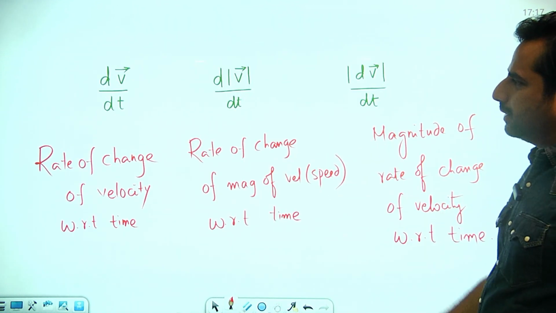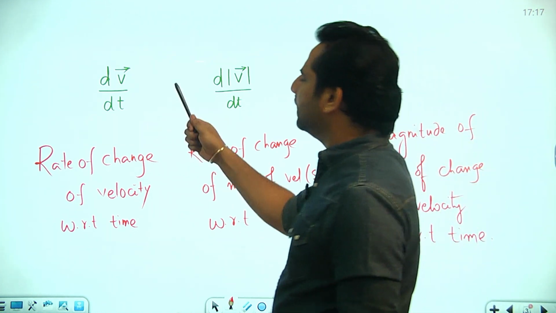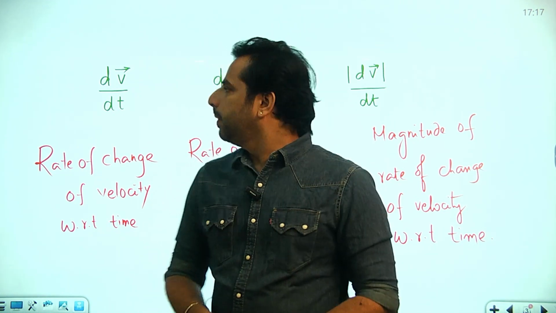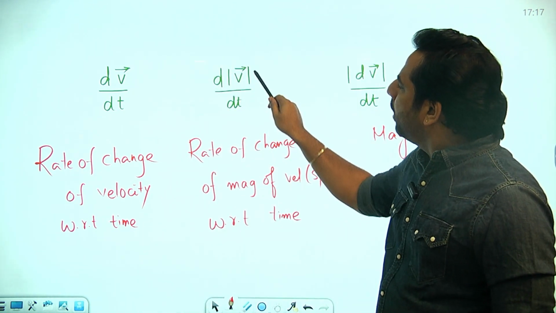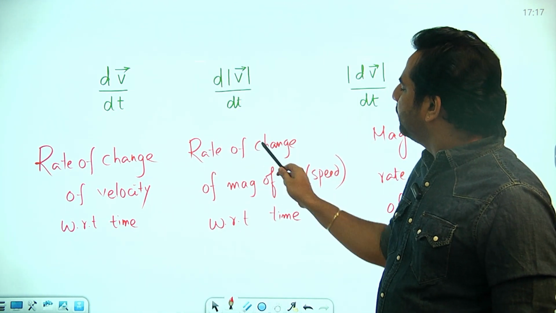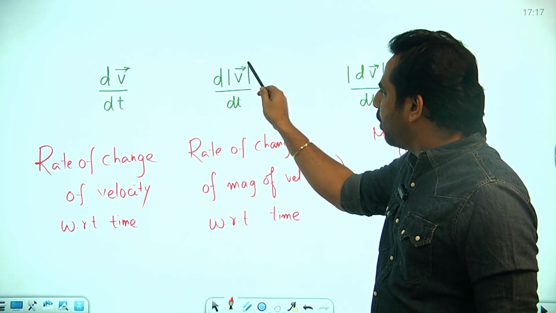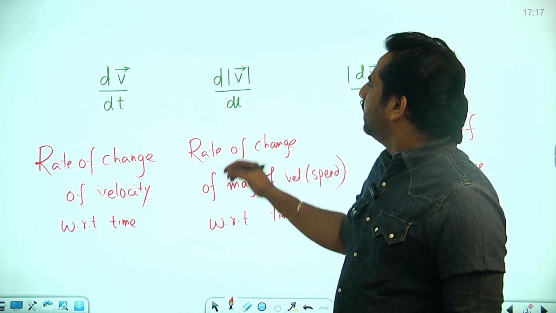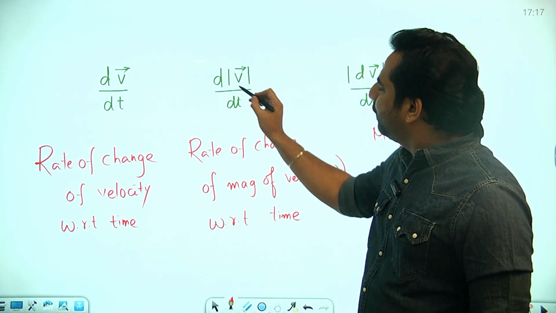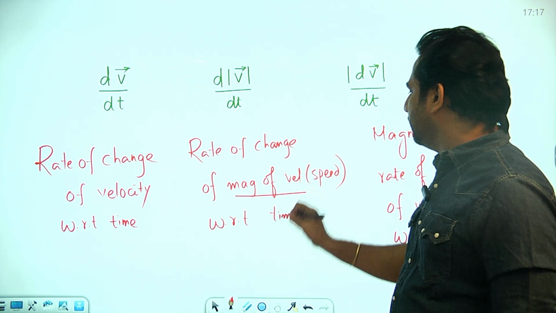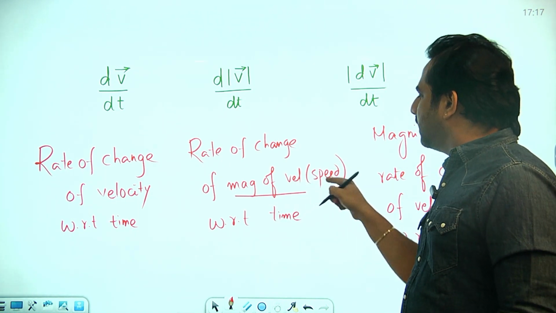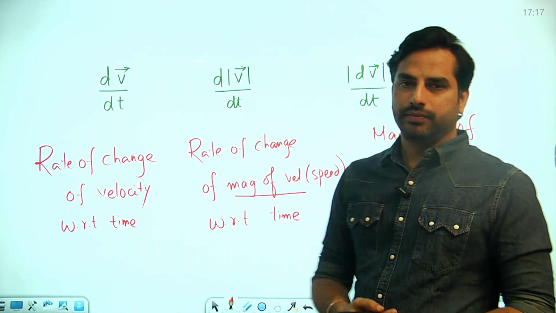So look at the definitions. What is dv bar by dt? It is the rate of change of velocity with respect to time. And what is d mod v bar by dt? It is the rate of change of magnitude of velocity. As I said, modulus is used to talk about the magnitude of a vector. D mod v bar is the rate of change of magnitude of velocity, which is nothing but speed, with respect to time.